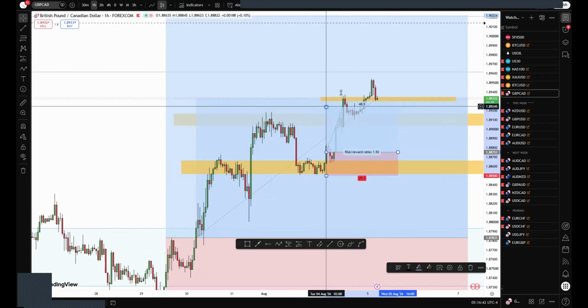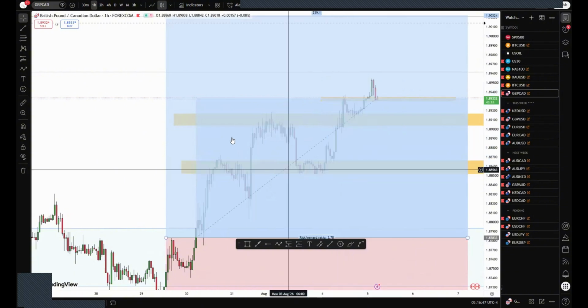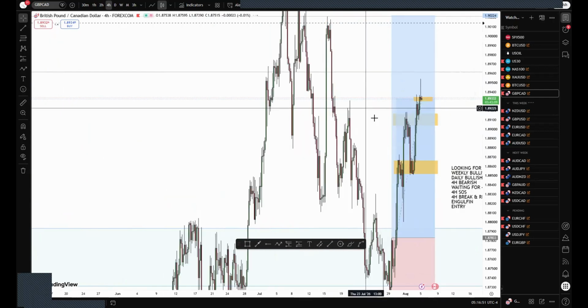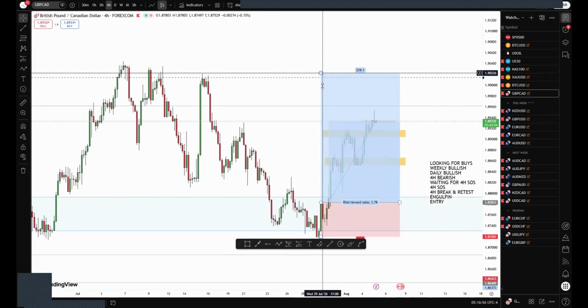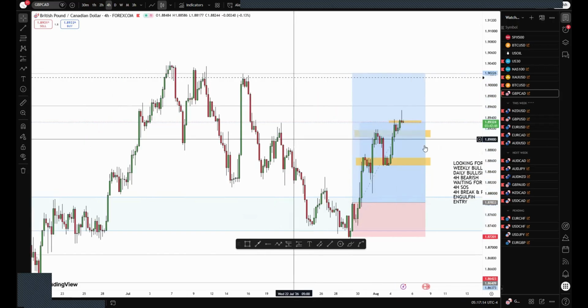This is another trade right there. But for now, we can wait. You can see we are still going. We are still going.